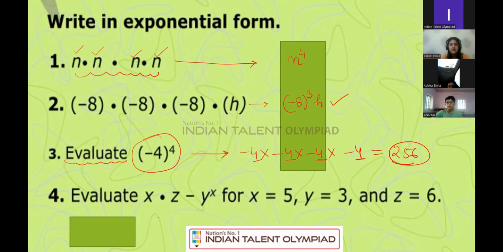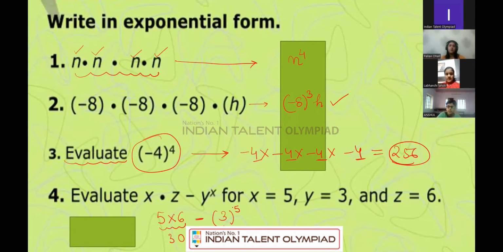Lavanshi, can you tell me the answer for the fourth one? Here x, then a bullet, then z. It's not raised to the power here, it's z here. So 5 times 6 minus 3 raised to power 5. 5 times 6 is 30, minus what is 3 raised to power 5?